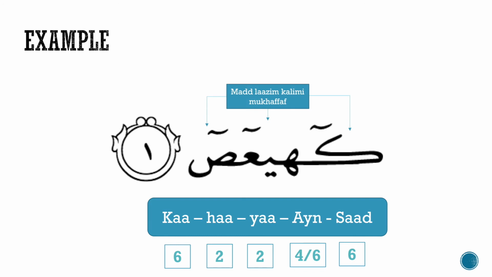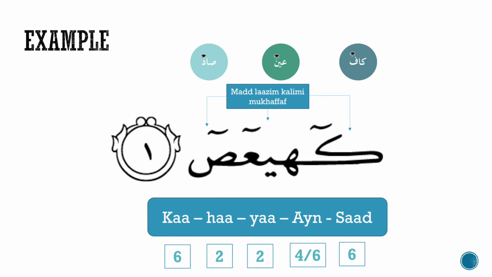The Kaf, the Ain and the Sad are known as Mad Lazim Harfi Mukhaffaf. As you can see, the Kaf is a huruf madda followed by a sukoon. The Ain is huruf leen followed by a sukoon. And the Sad is huruf madda followed by a sukoon.